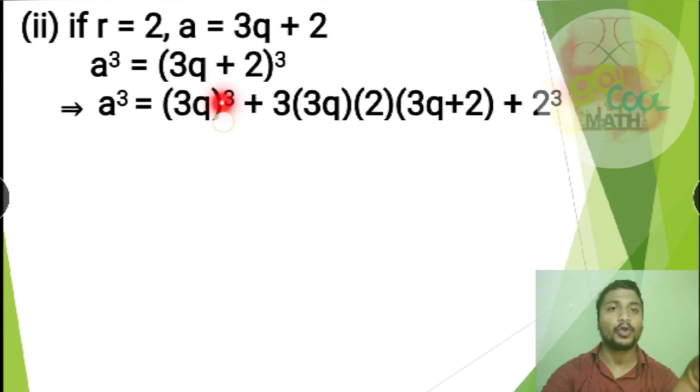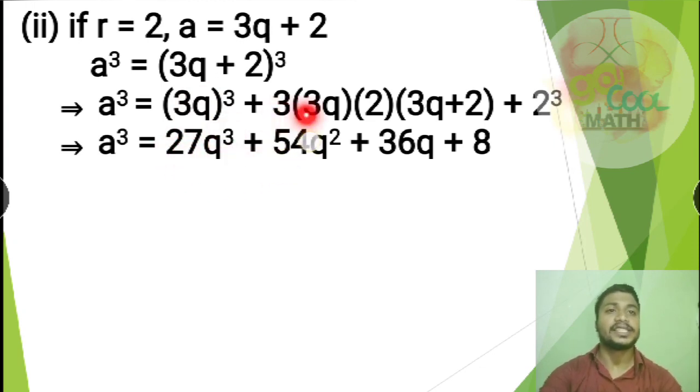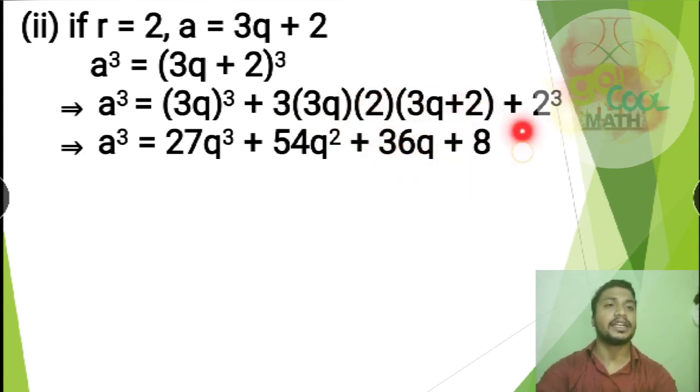A cube is 3q cube plus 3 into 3q plus 2 into (3q plus 2) plus 2 cube. 3q the whole cube is nothing but 27q cube. So 3 3s are 9, 9 2s are 18, 18q. So 18q into 3q is 54q square. 18q into 2 is 36q, plus 2 cube is nothing but 2 into 2 into 2, that is 8.